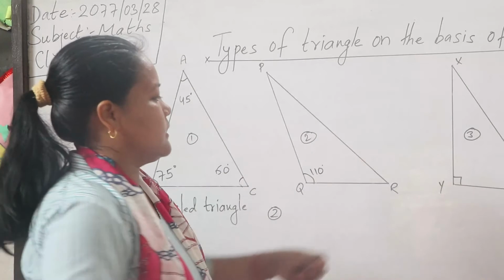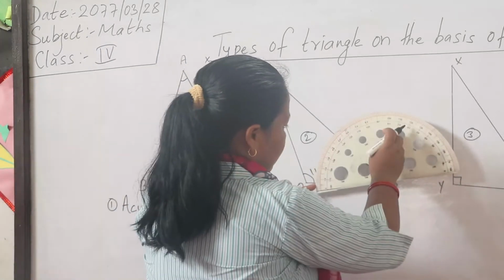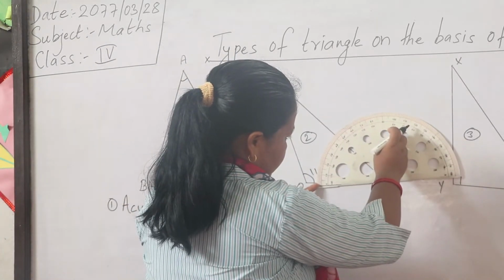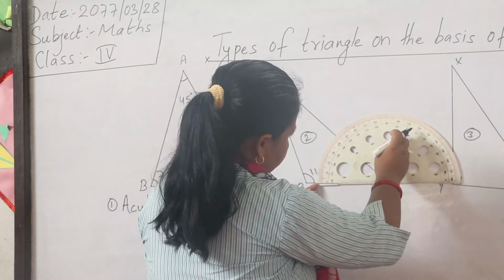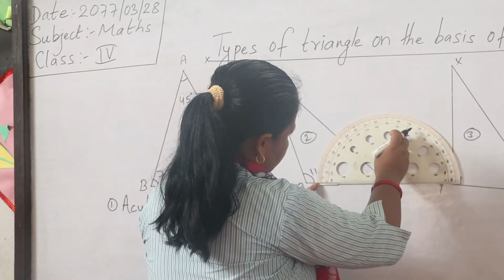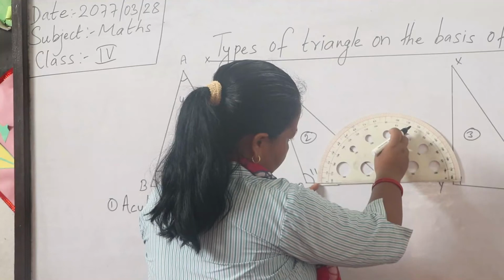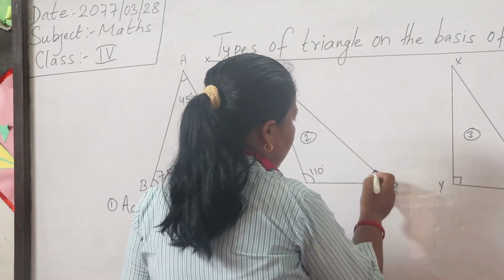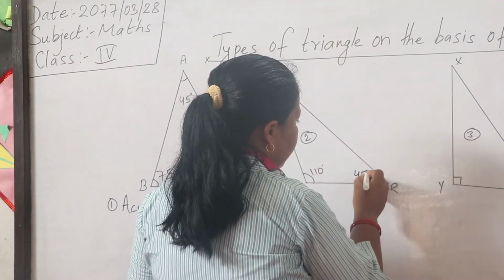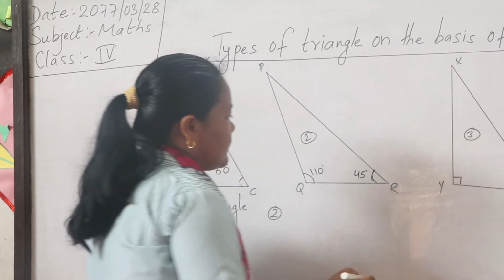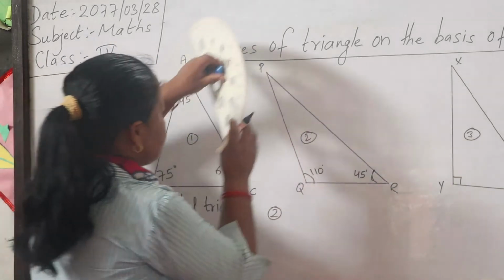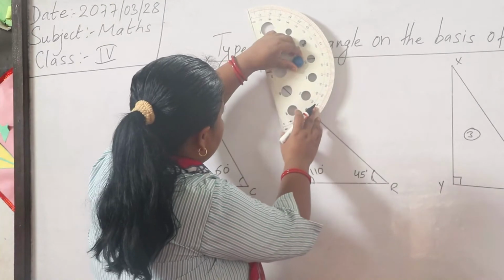And let's measure angle R. Angle R is 45 degrees. And let's measure angle P. How many degrees is this?